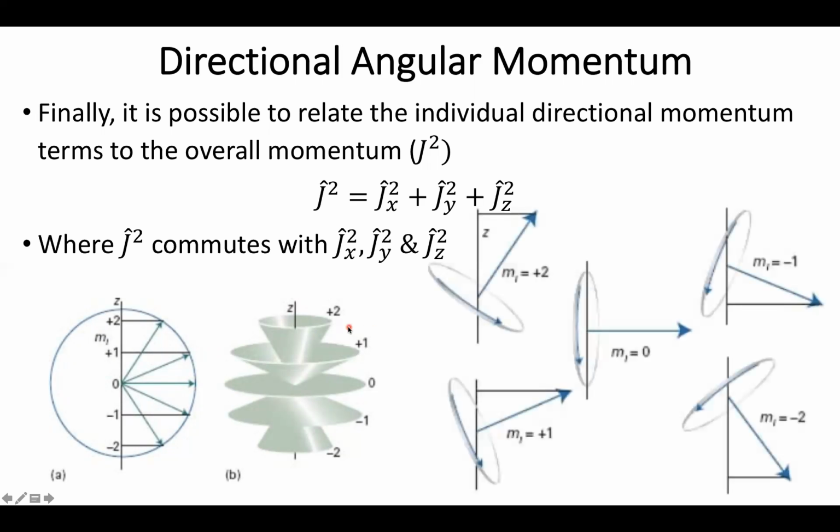So let's go ahead and work an analogy where I have an L of 2. So I can have an M sub L of anywhere from +2 to -2. So if I have an M sub L of +2, what this means is that I know that most of my angular momentum is pointed in the Z direction. So most of my motion is going in the XY plane. But the problem is that some of it is always going to be in the Z direction.